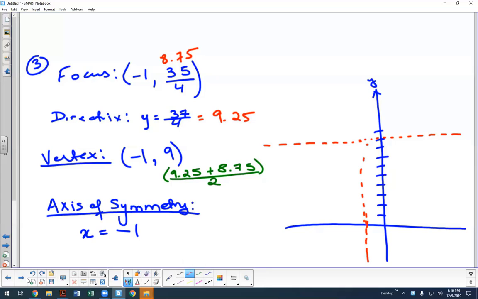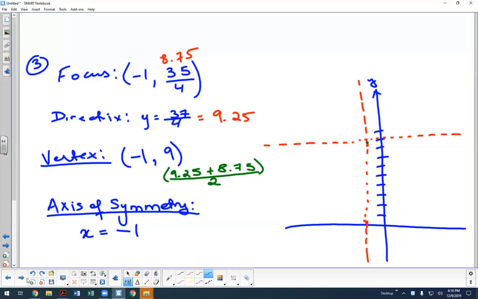Oh, and I'm a little off, aren't I? So that's my focus, my directrix. Let's put our vertex right at (-1, 9).